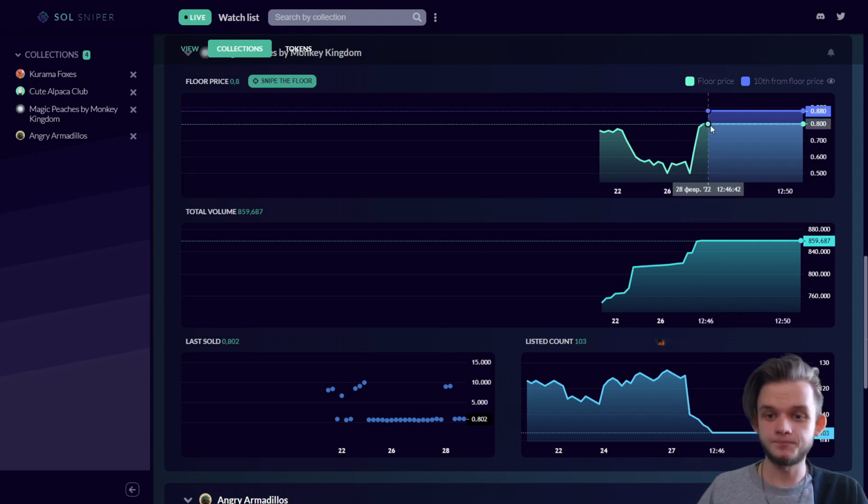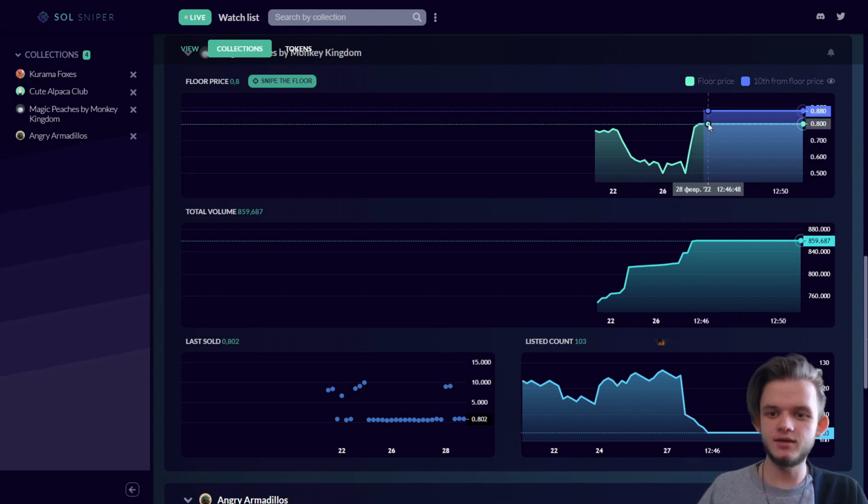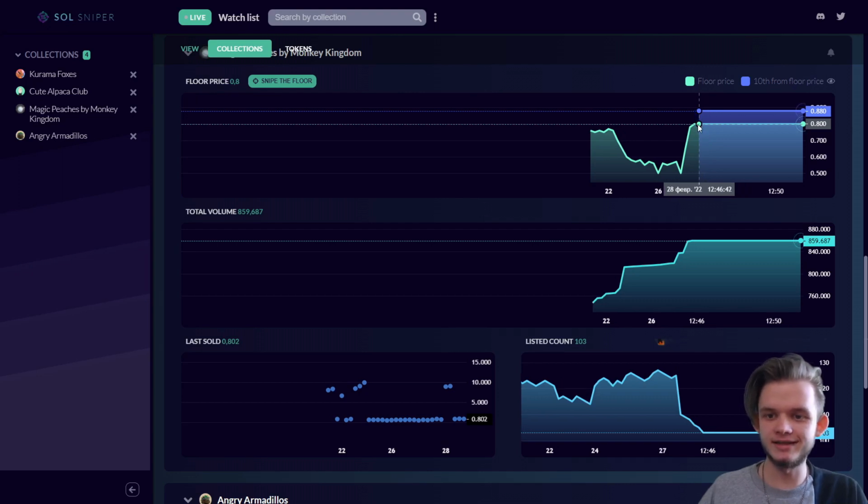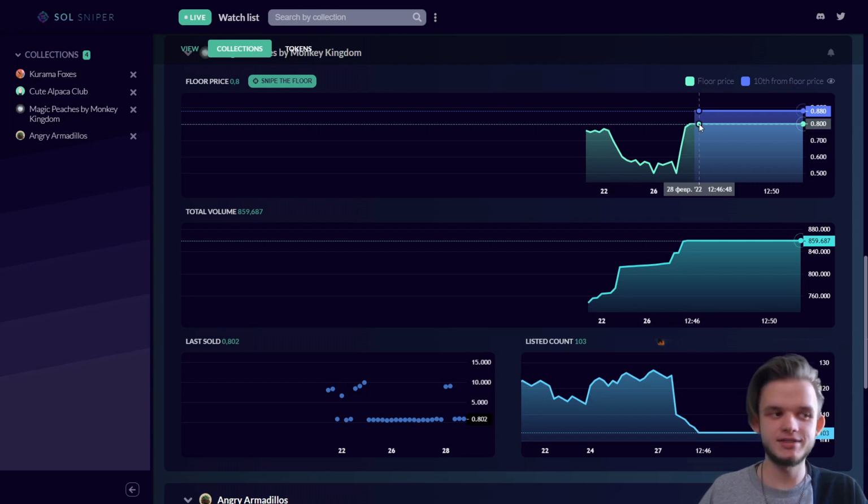So for example, let's say the floor price, the lowest price of the first listing, is like 1 SOL, and the 10th from the floor price is about 3 SOL, okay? If some people buy these 10 NFTs, for example, it gets hyped, some famous person mentions it, someone tweets on Twitter, something like that, we will see.